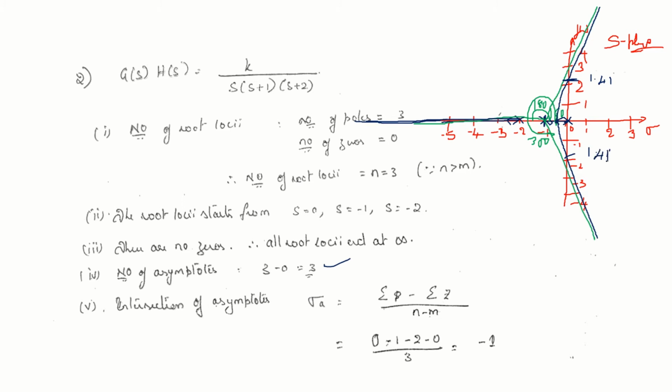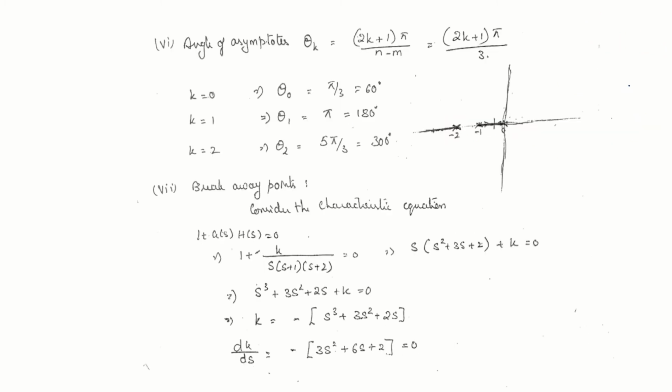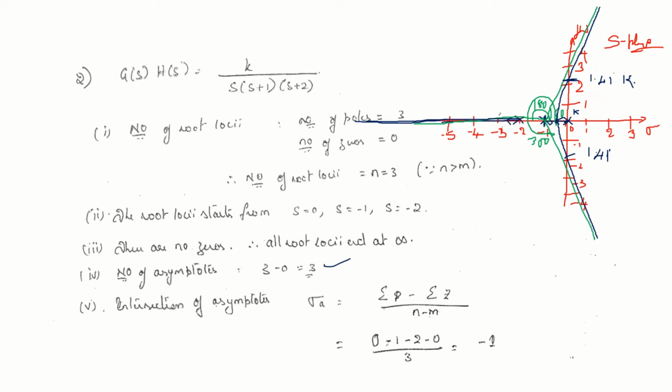So at this point, what is the K value? K value is 6 here. Here K value is 0, here also K value is 0, and K value is 0.